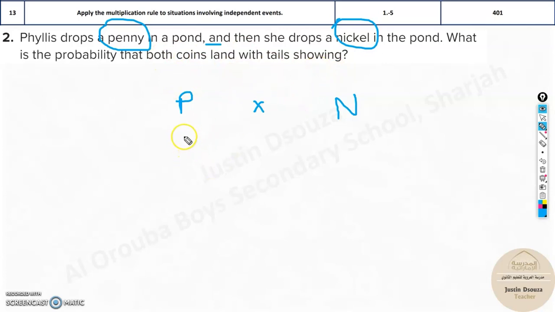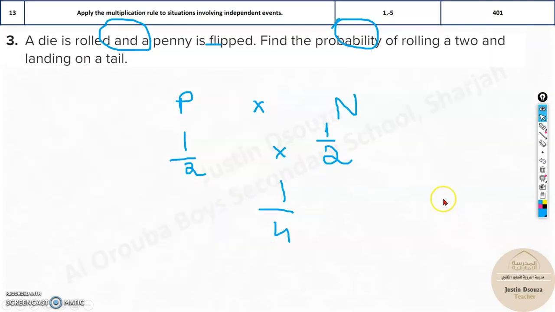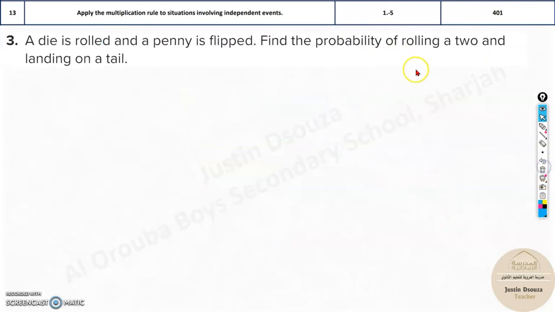What is the probability it will be tails? 1 out of 2 multiplied by 1 out of 2, because the probability of head or of tail, whichever coin it is, is half, 50% chance. So the answer is 1 by 4. That will be 25%. That is the answer. We have to do the same type of problems the same way.